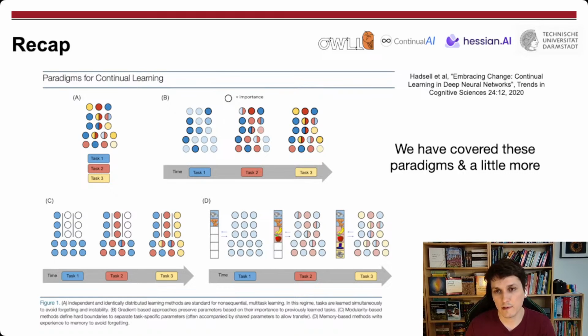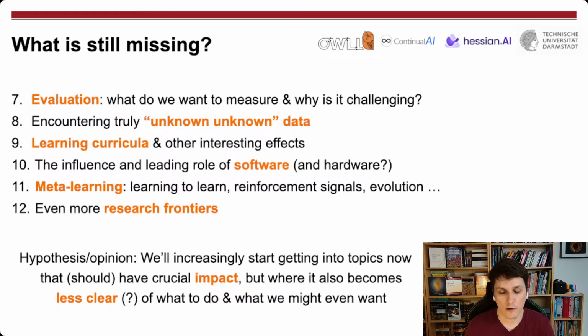So naturally, we've now covered these 4 perspectives, A, B, C, D, but surely there is a lot still missing that we need to cover, and it's illustrated on this slide here. I've already mentioned earlier in the lecture that the first thing we'll talk about next is evaluation.